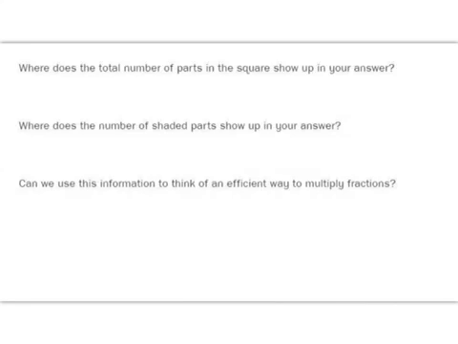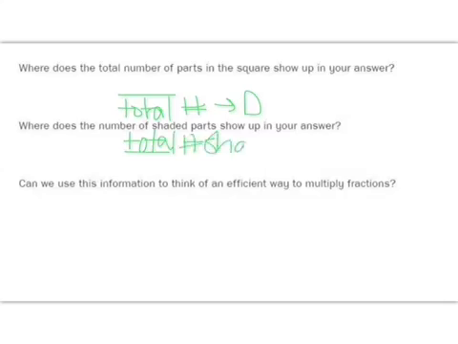It's when we zoomed out, and in our fraction, the total number of squares was our denominator. The next question says, where does the number of shaded parts show up in your answer? Again, it's our zoom out question, and the total number shaded is our numerator.